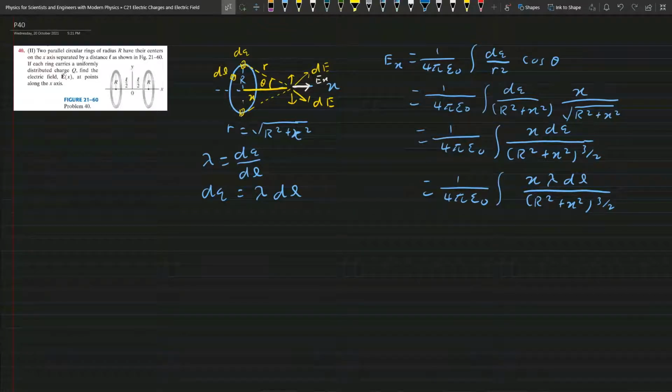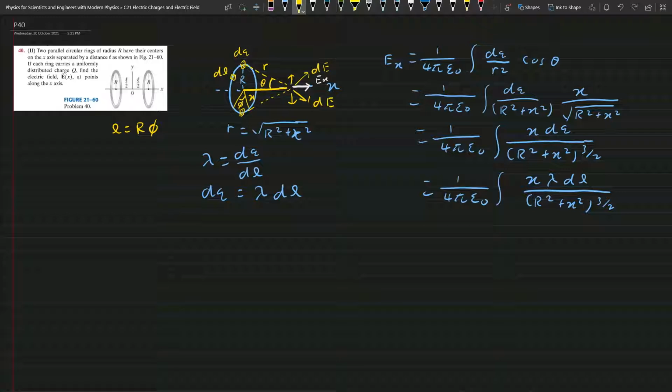So the arc length formula is given by r phi, where phi is the angle from any reference point, and you start rotating around, as you can see here.